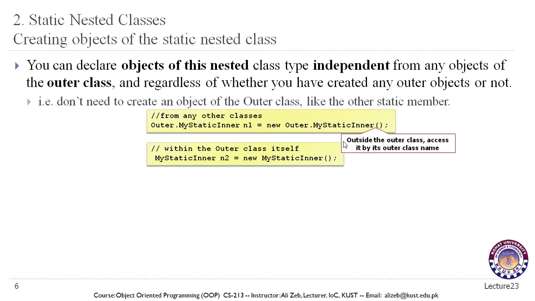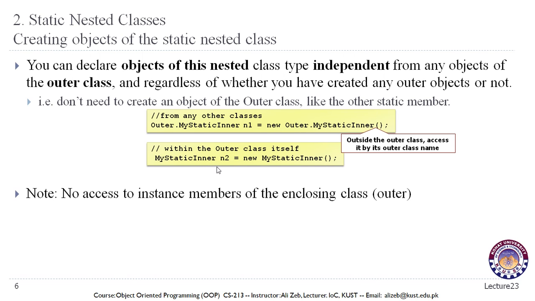Within the outer class itself, if we are creating an object of the static nested class, then we can directly create the object of the class using the normal syntax.